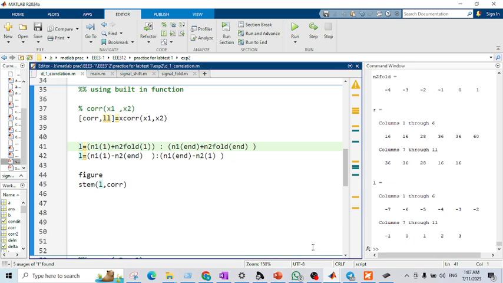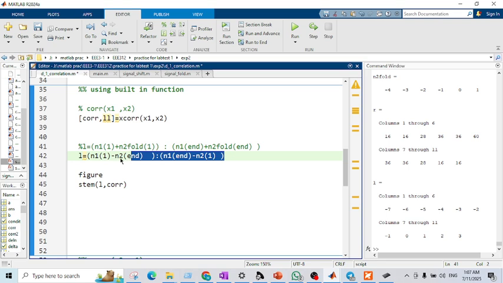If you write xcorr of x1 comma x2, then how can you get the information about L? You can get it in another way. First, if I use this, I have to fold the second signal. But let's say you don't want to fold the second signal, and you just want to use the original signal's time index.